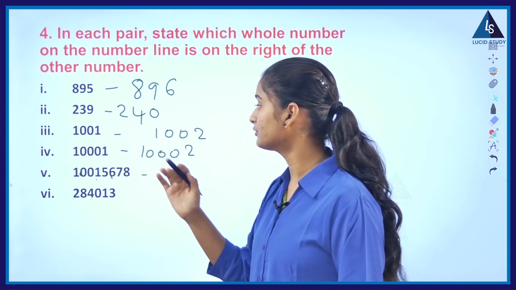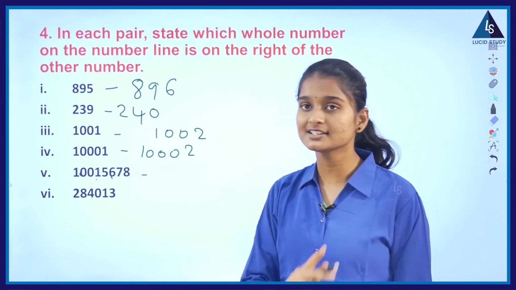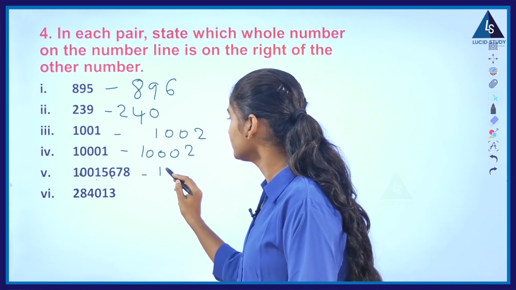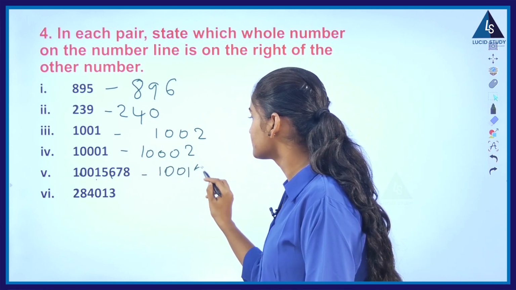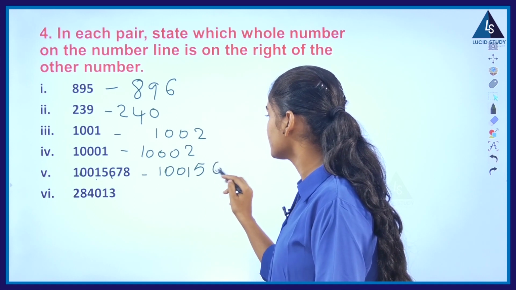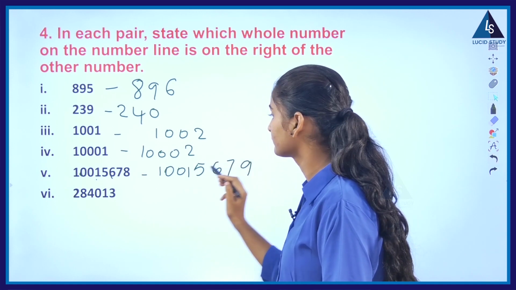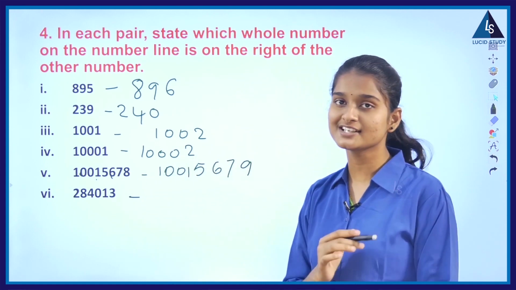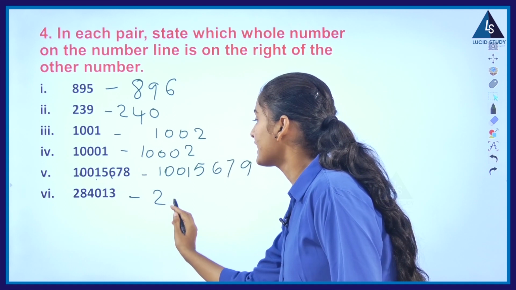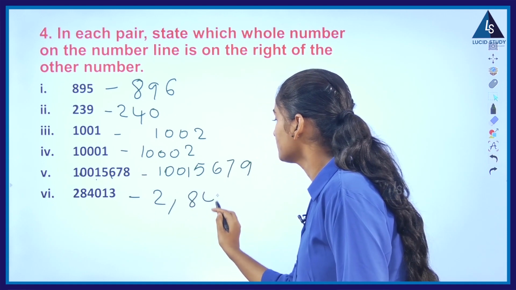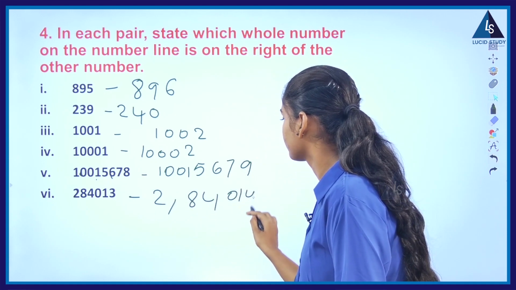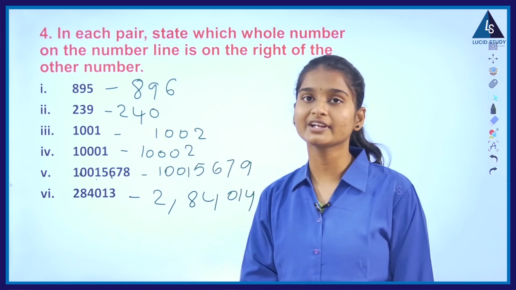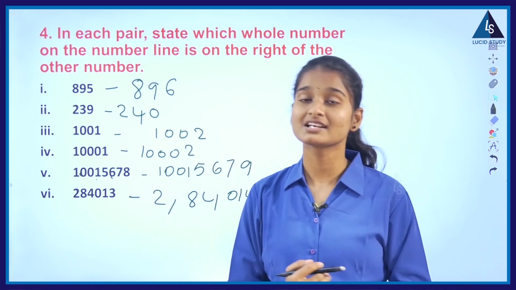The successor of 1 crore 15,678 is 1 crore 15,679. So the successor of 2,84,013 is 2,84,014. So children, this is how we write the successor of the numbers.